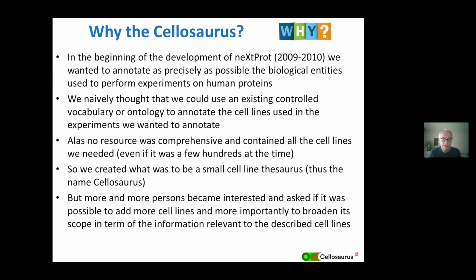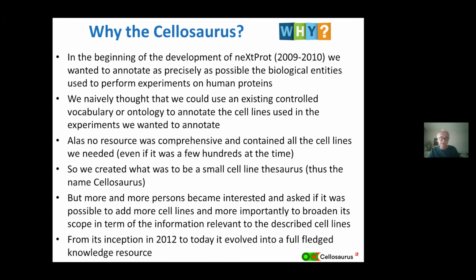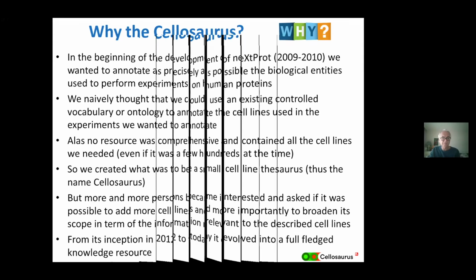More people became interested in this small thesaurus, and they asked us if we could add more cell lines, of course, but also broaden its scope in terms of information relevant to the described cell lines. So basically, what was a small thesaurus at inception about 9 years ago evolved into a full-fledged knowledge resource.